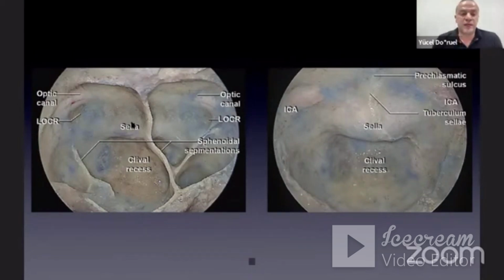We should study the sella anatomy for each patient with paranasal sinus CTs. This is because the sphenoidal segmentations are different in each individual. And sometimes these bony laminas can guide us laterally, which can cause some complications.